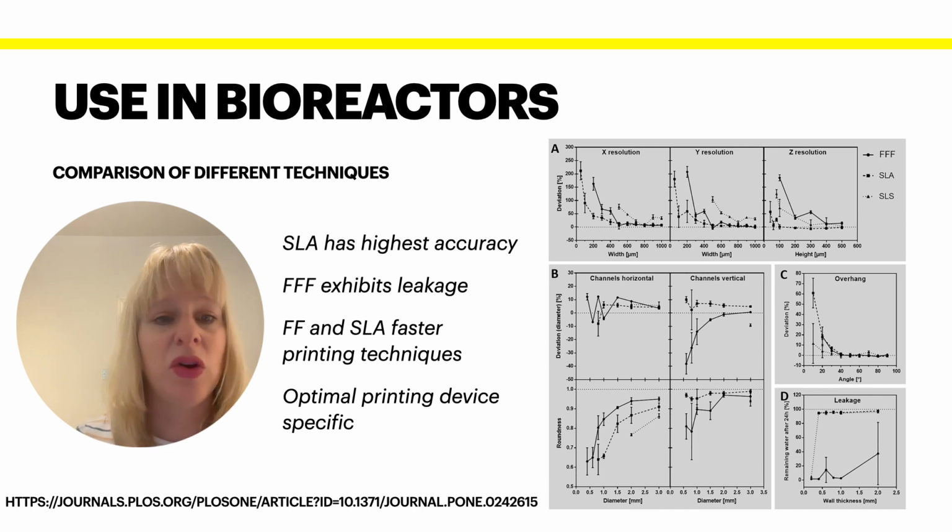Another thing that they concluded, that FFF and SLA are by far the faster printing techniques. They're also the cheaper ones compared to SLS, where you have to remove the binder afterwards. However, the unique opportunity with SLS is that you can consider metals, which you can't necessarily do with the other techniques.